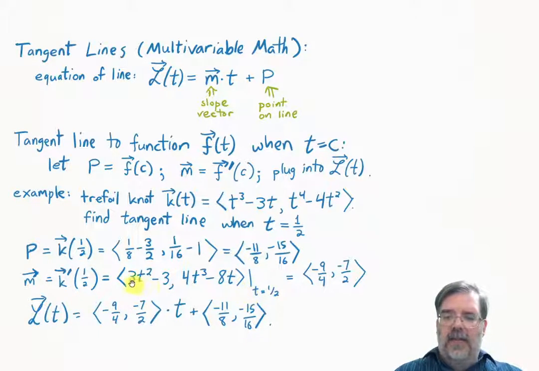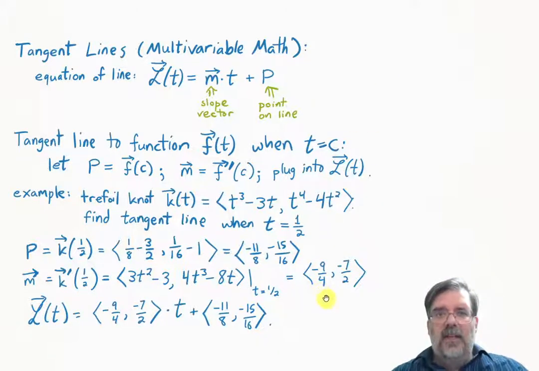This line indicates evaluate whatever this expression is at the value t equals 1/2. And when you plug that in, you'll get this for a slope: -9/4, -7/2. And then you've got your slope, you've got your point, and you just put those in, and that gives you the equation of the tangent line to this curve at t equals 1/2.